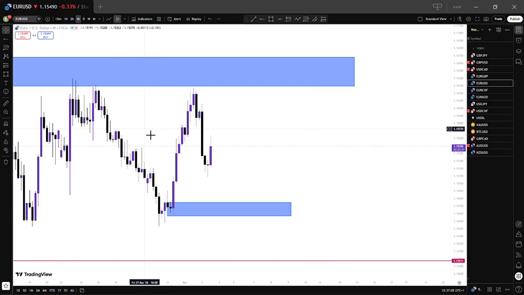Don't forget, our confluences continue to remain our order block, our fair value gap, a break of structure in the direction in which we're expecting it to go, right? And then a tap into the order block, right?